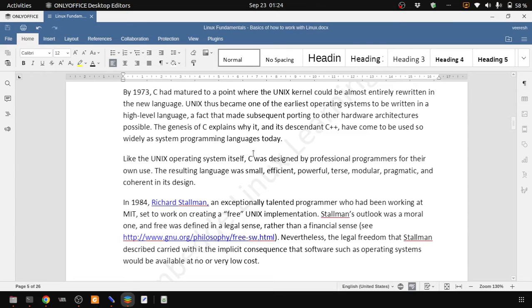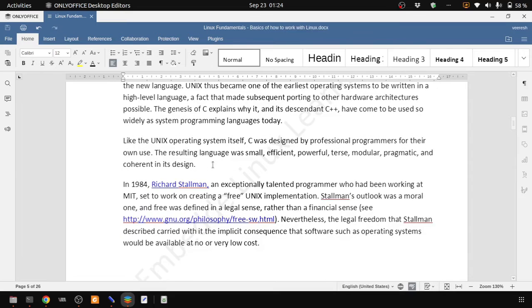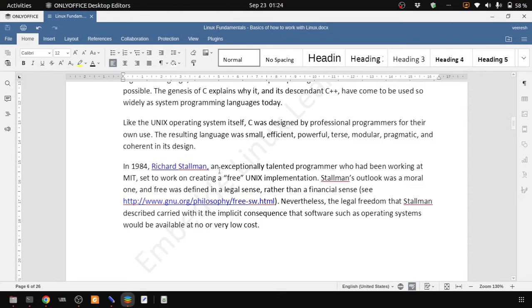The resulting language was small, efficient, powerful, thus modular, pragmatic, and coherent in its design. That's the reason even after 40 years we still use C in our programming.